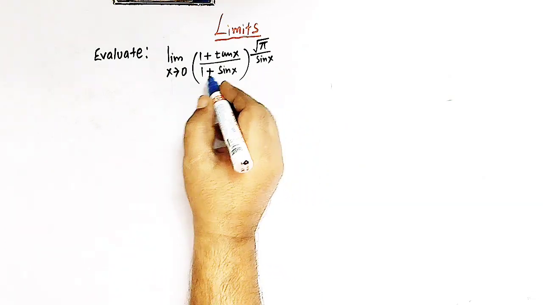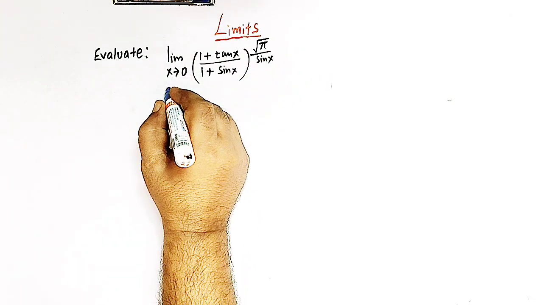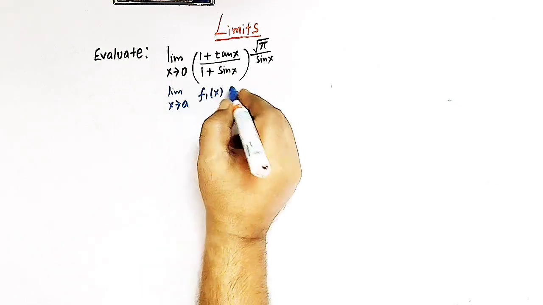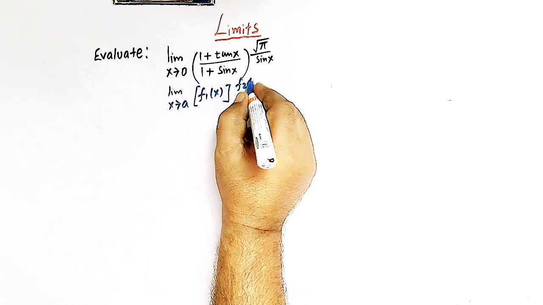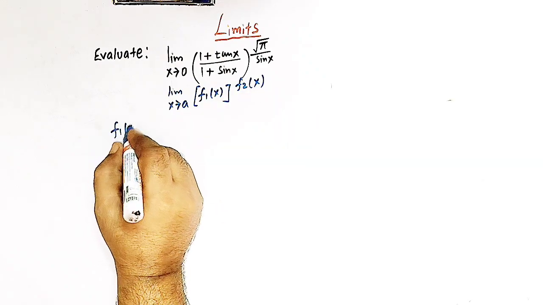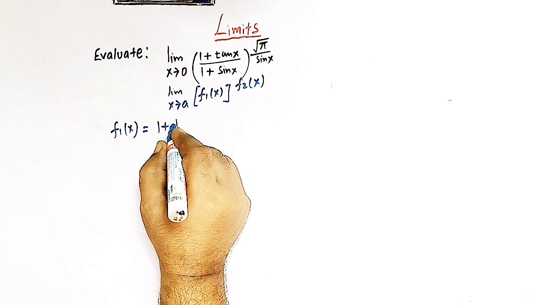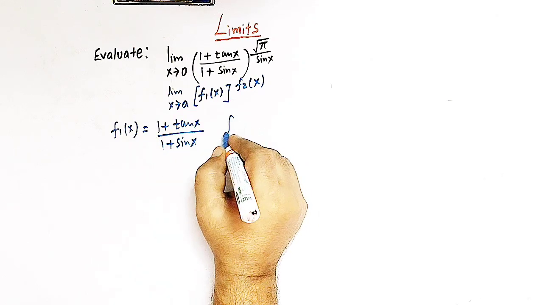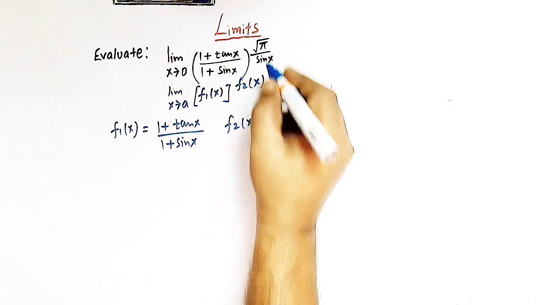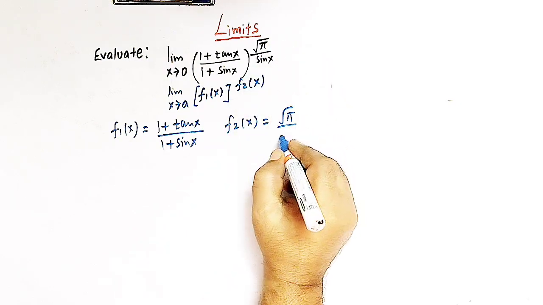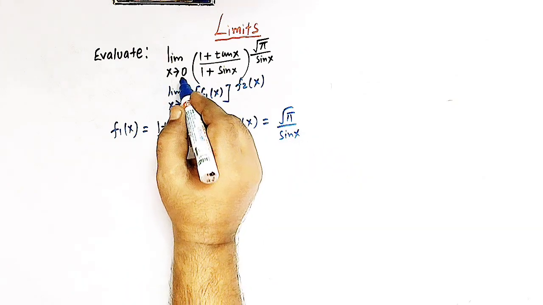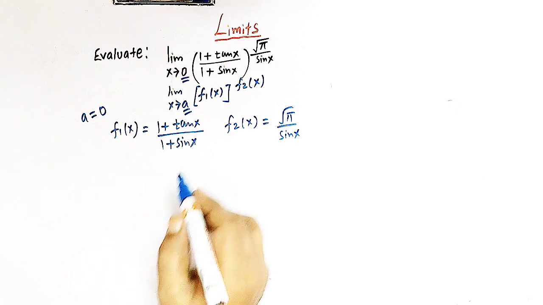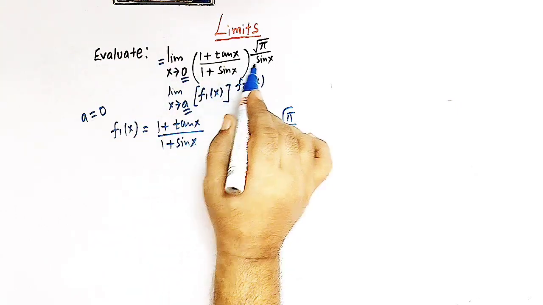If we compare this limit with the limit x tends to a f1(x) raised to f2(x), then f1(x) is given by 1 plus tan x divided by 1 plus sin x, and f2(x) is given by square root of pi divided by sin x. And here the value of a is equal to 0.